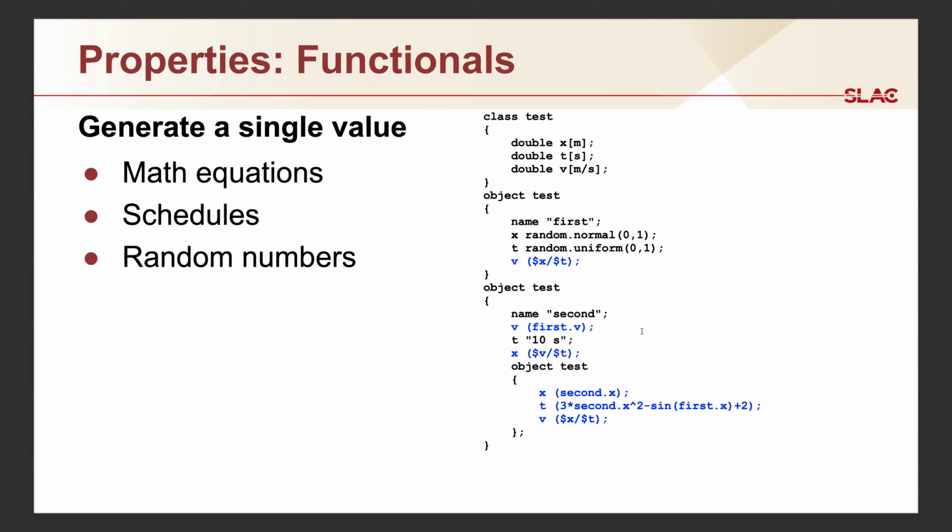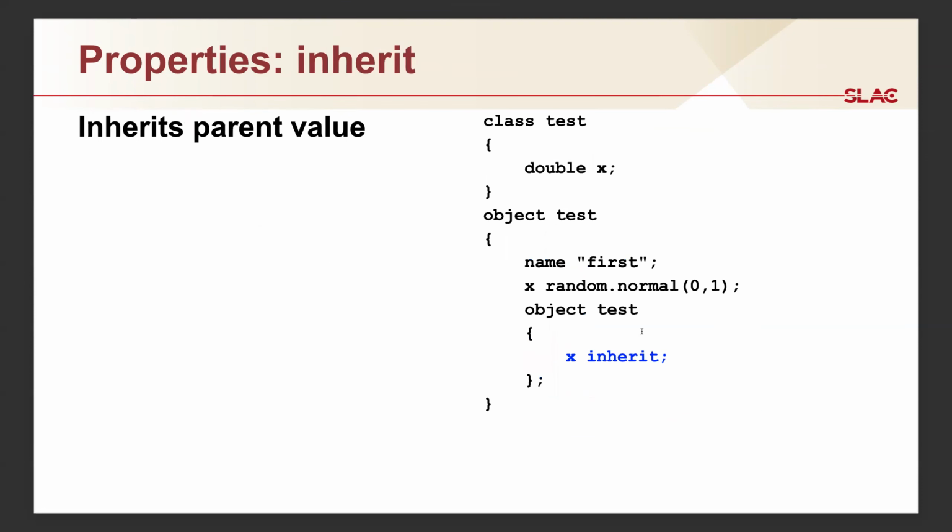There's a page where I can use the inherited. Okay, so for this there's a child object, right? Object test inside the parent one. For the X, you put inherit, so you can inherit the value of the parent.